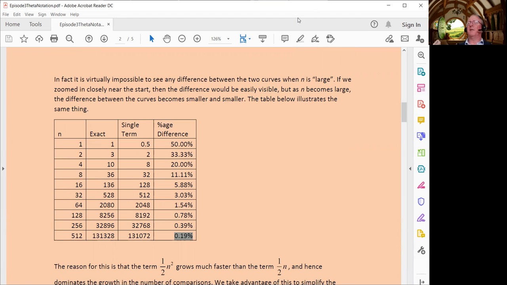And that's because the half n squared term grows so rapidly. This percentage difference is getting smaller and smaller all the time, even though the actual technical difference between these is getting bigger. It's like saying, what's more, $10 out of $50 or $10 out of $1,000? And the answer is that $10 out of $50 is a much bigger percentage.